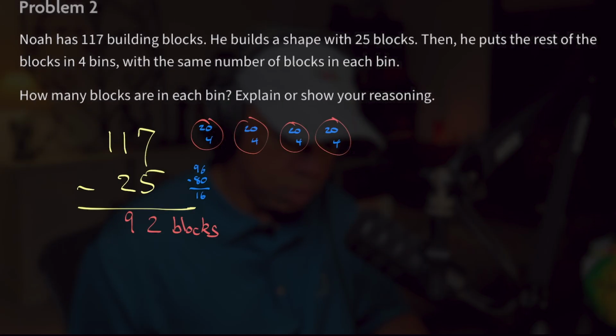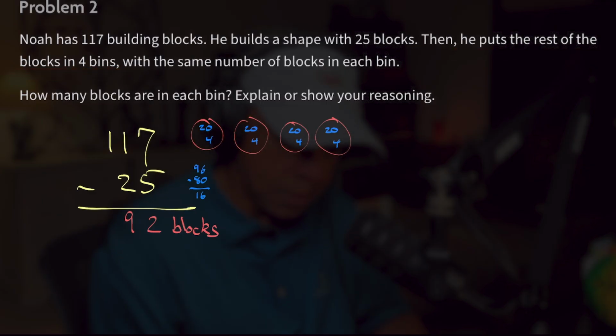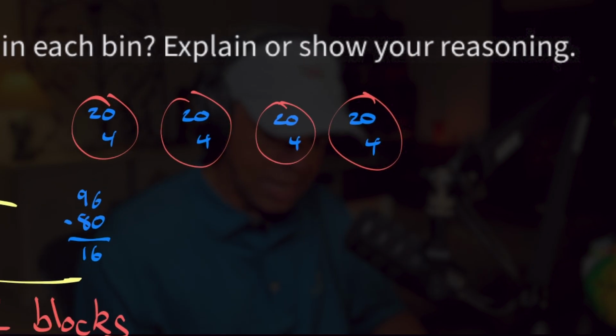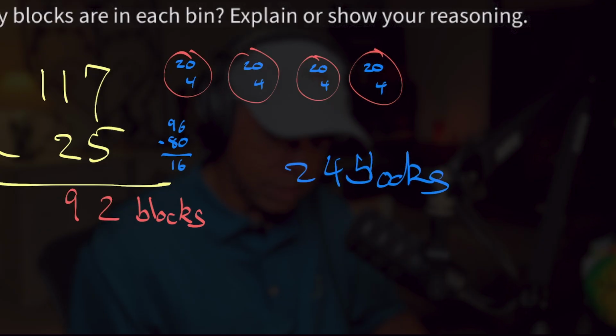So that's what the answer to my question is. The first part of it was how many did he put into groups of 4? And then I needed to find out how many blocks are in each bin. In order to do that, I divided it into 4 groups, and then I added up how many there were in each, giving me a total of 24 blocks.